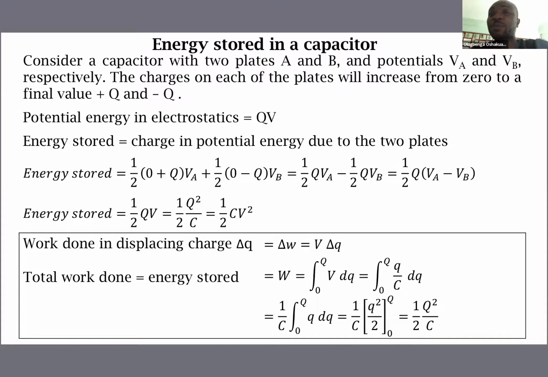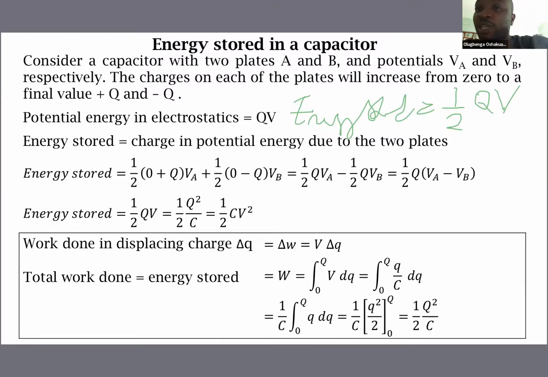We have to bring in an average, so we'll now say the energy stored will be half QV, where V is the potential difference. And when we remember that Q is equal to CV, then we can also get the other equation, which is half CV times V, which is half CV squared. And the work done is also equal to the energy stored, as given below here.